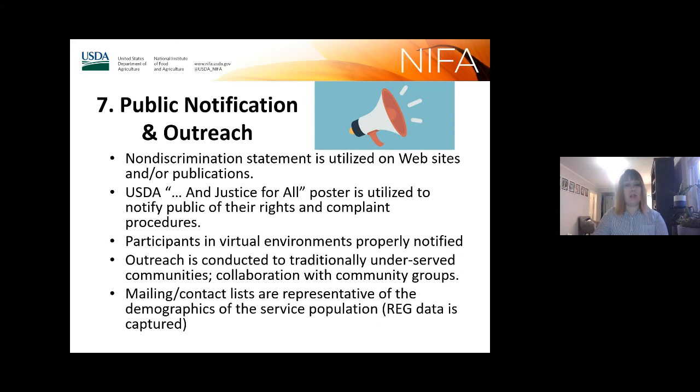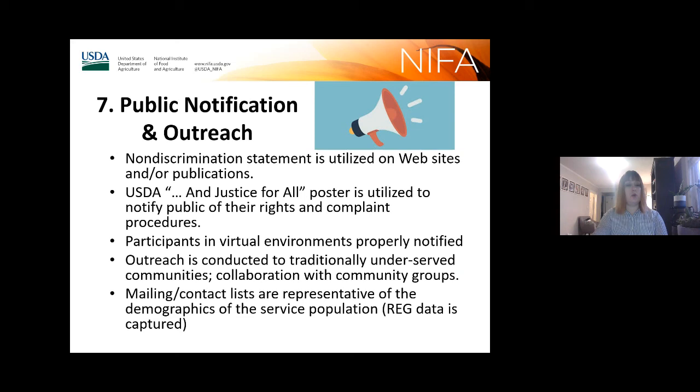Review area number 7 has to do with public notification and outreach. Here we're looking to see that appropriate public notification is provided, such as using the "And Justice for All" poster in physical spaces to notify the public of their rights, and utilizing the non-discrimination statement on your website.